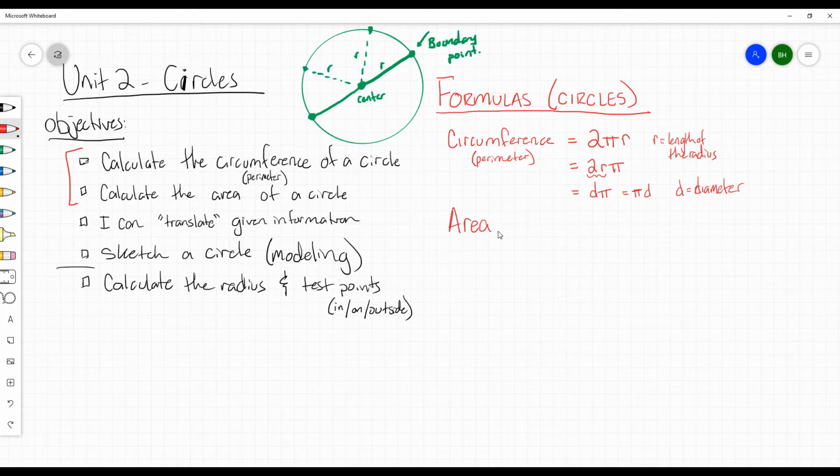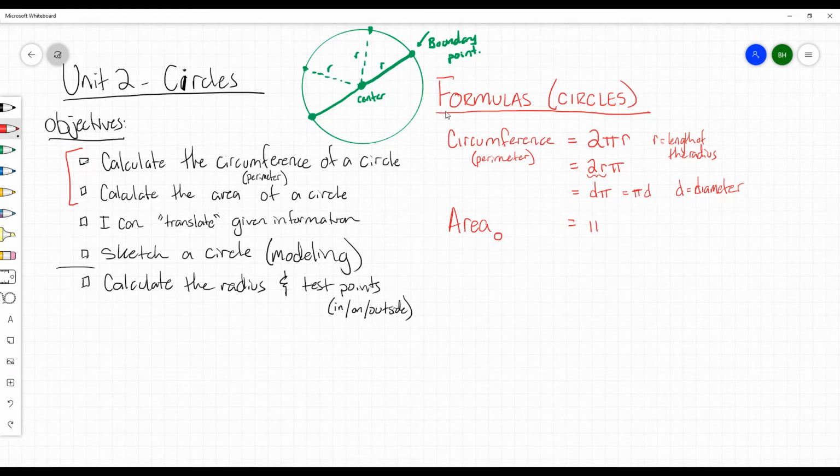The area, and I like to put a little circle underneath so I know that we're finding the area of the circle. I'm going to put an equal sign over here so we can keep things orderly. The area of the circle also has to do with pi. And pi is the relationship of the circle, kind of how many radii it takes to go around the outside of the circle.